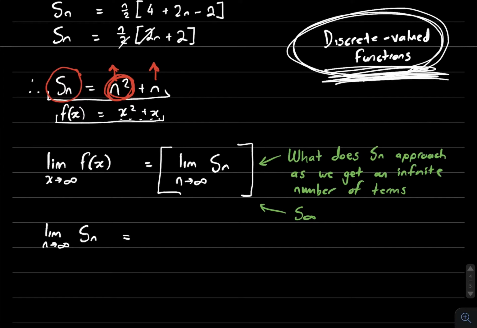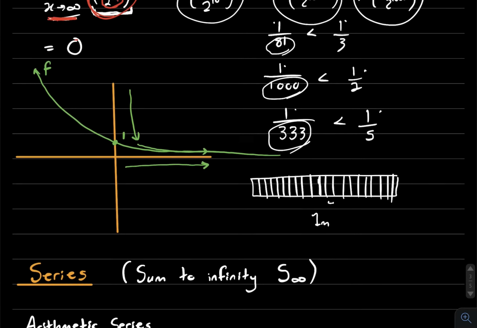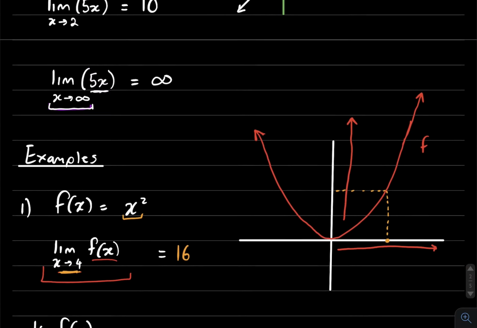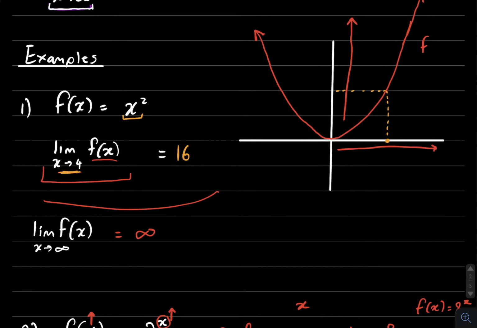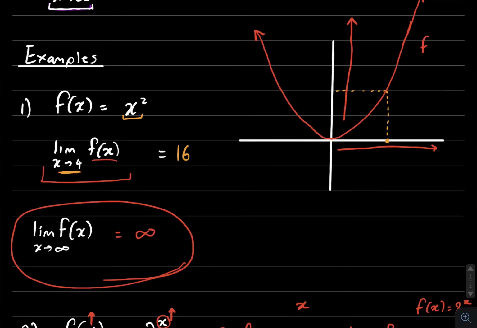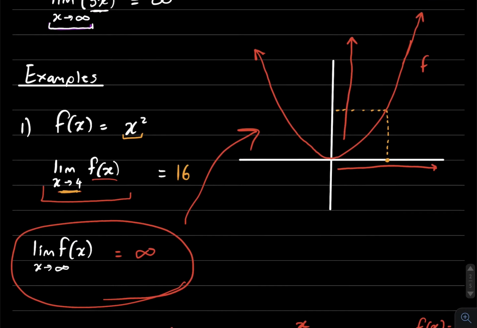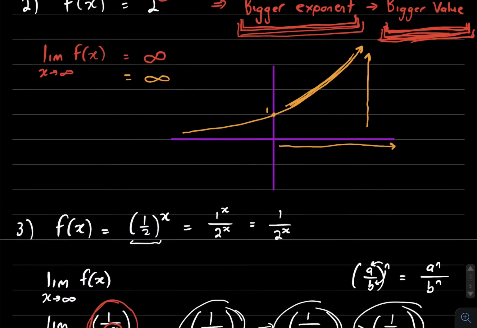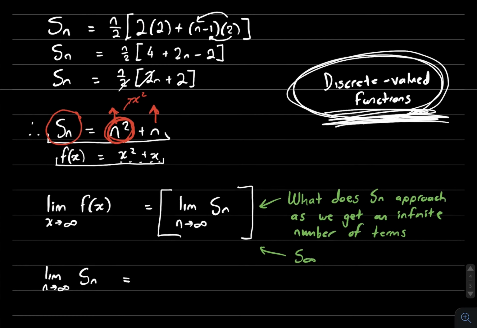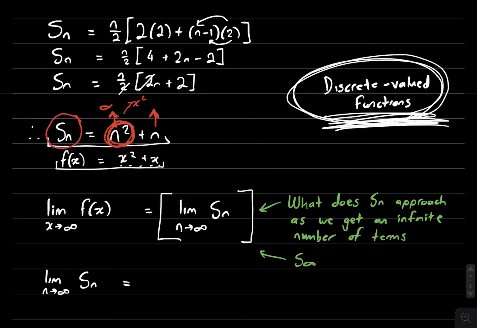And basically this is the same as the function x squared, remember? And we know that x squared approaches infinity as x approaches infinity. So we know that the first part of S of n will approach infinity as n approaches infinity.